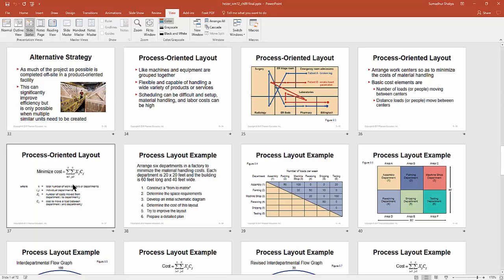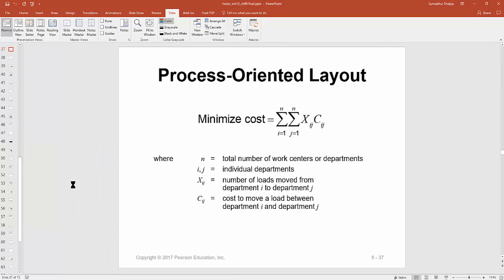So if we were to combine them, this is the same process that we've come across many times, including linear programming, project management, and the places where if X is the volume and C is the cost for transporting that X between the pair of I being the origin, J being the destination.